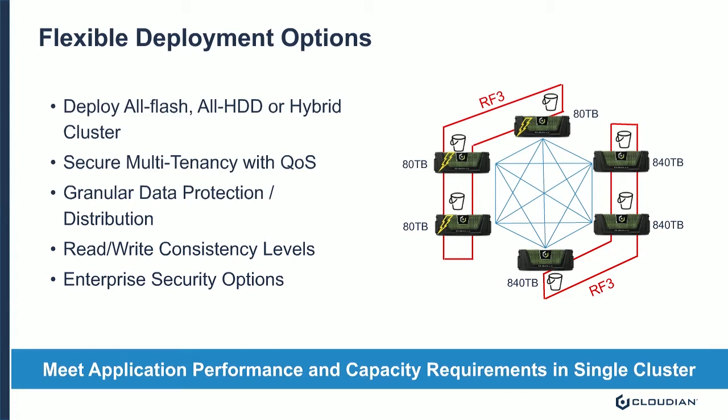So you can meet the application performance and capacity requirements in a single cluster. You are not forced to manage different clusters, flash nodes and spinning or capacity nodes, separately. It's all part of a universal platform which has a private cloud-like offering inside your data center.